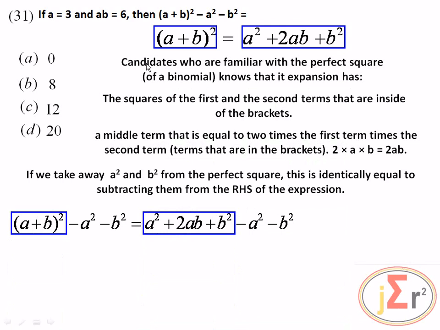We have (a plus b) all squared, and we have the expansion of it on the right hand side, a squared plus 2ab plus b squared. The two expressions are equal to each other, and we are subtracting a squared and b squared from both of them, because the resulting expression will be the same.